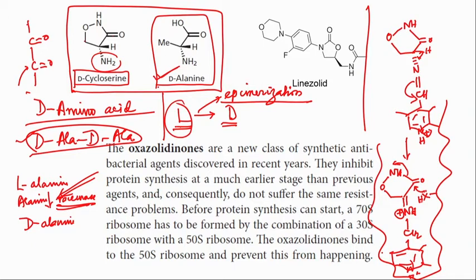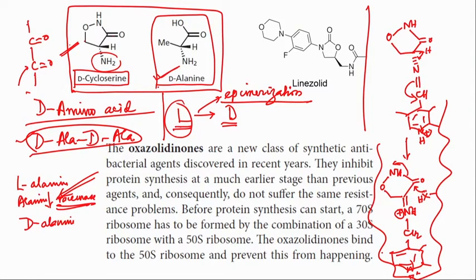This is used as a second line of defense for tuberculosis, not the first line. The first line molecules are different: isoniazid, ethambutol, rifampicin. The second line includes D-cycloserine.